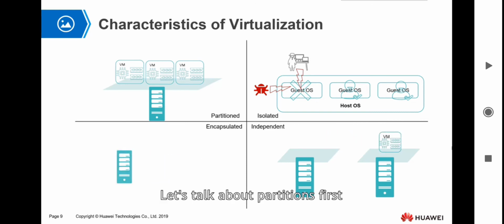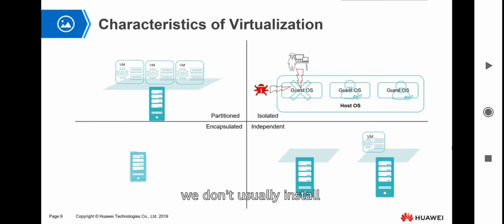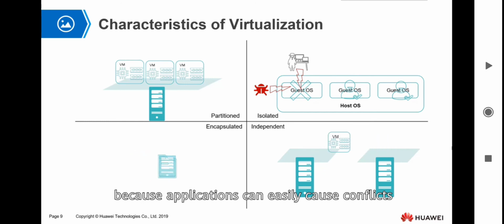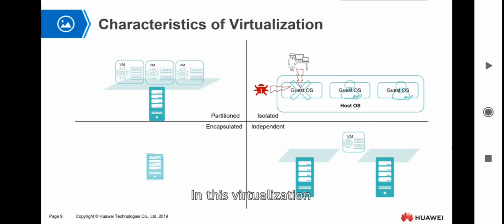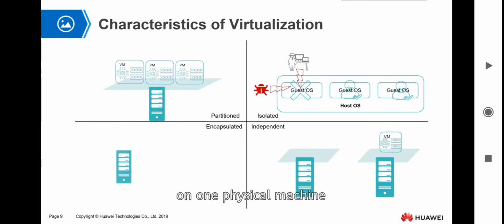Let's talk about partition first. On the traditional physical machine, we don't usually install a lot of applications because applications can easily cause conflicts. In virtualization, we can divide a lot of virtual machines on one physical machine.